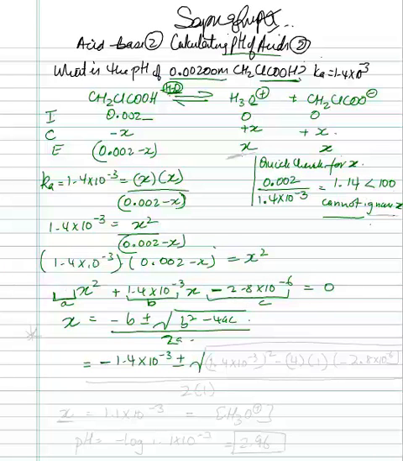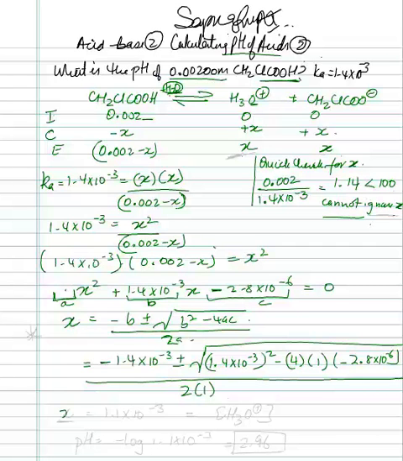So B squared is 1.4 times 10 to the negative 3 squared, minus 4, and then A is 1. There's no number in front of X squared, so that's 1. And then C, don't forget the charge, minus 2.8 times 10 to the negative 6. Okay, so that is our square root, and this is all divided by 2 times 1 because A is 1.